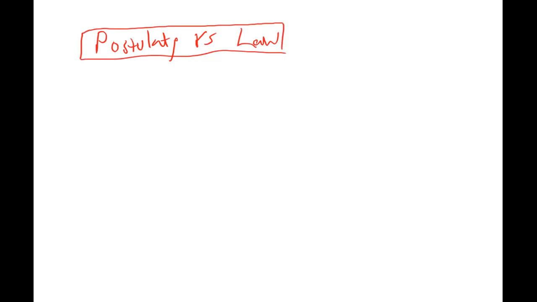What's the difference between a postulate and a law? In other words, if we say, because it's the law, like it's the associative law or the commutative law, what do we have?